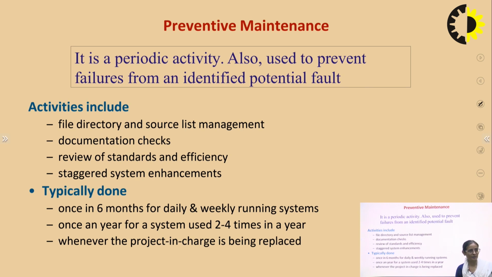All these activities come under the category of preventive maintenance. For example, once in 6 months for a daily and weekly running system, we generally do preventive maintenance periodically. Once a year for a system used 2 to 4 times in a year. Whenever the project in charge is being replaced, we go with preventive maintenance.